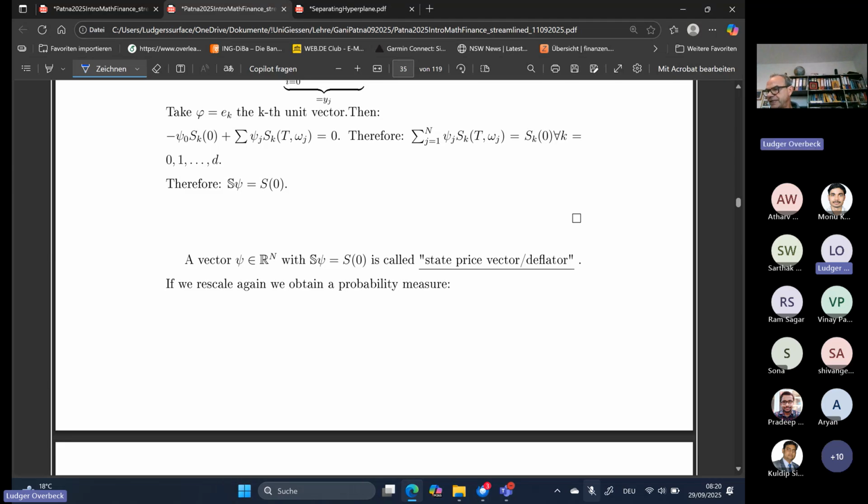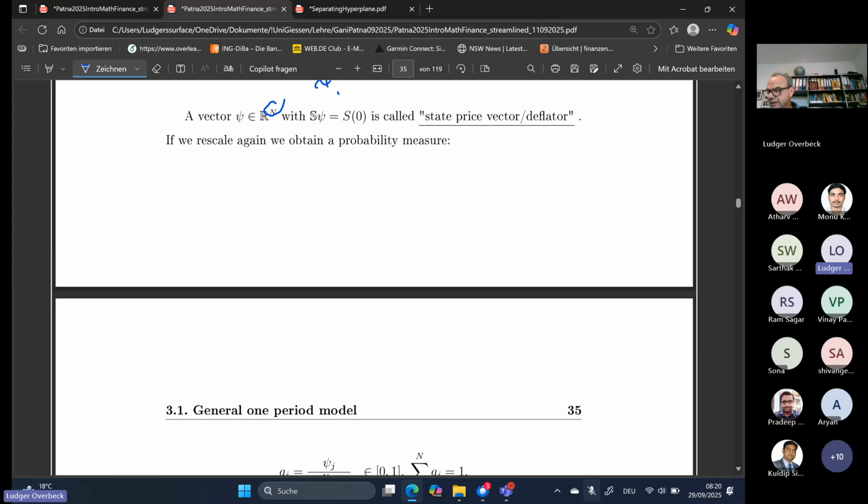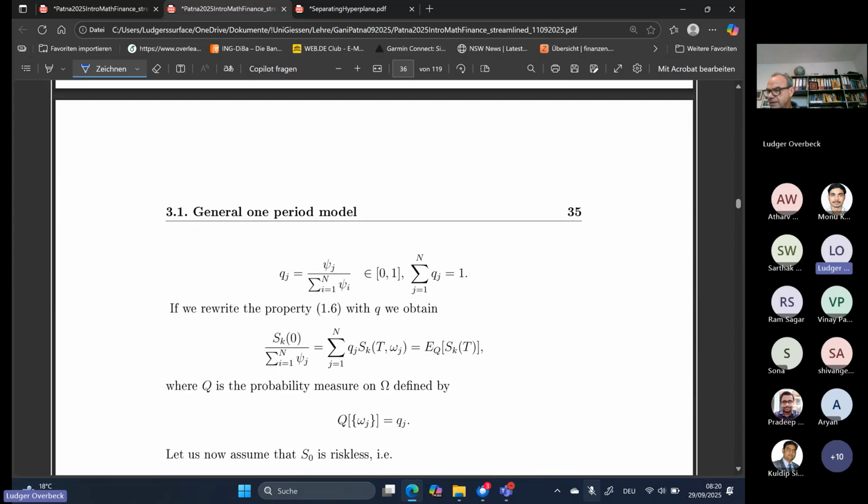This is called the state price vector or deflator because it gives values or weights on the n states. Each of the n future states gets a weight psi_i. And if we rescale this, we get a probability. These are then what's later called the martingale probabilities.